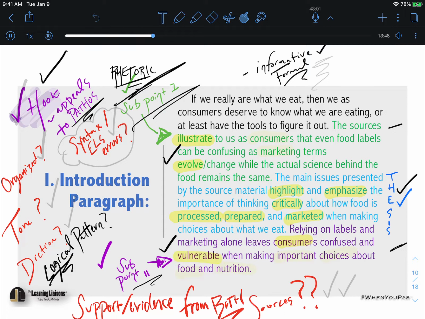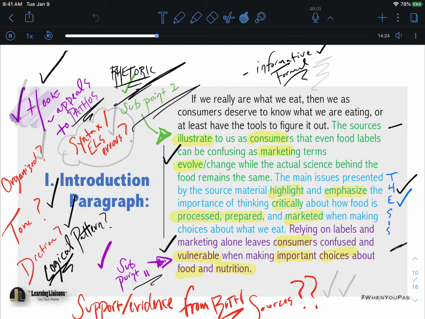That's a powerful word when we're trying to get our point across. Choices, important, nutrition, food. Okay, so we can see that a lot of words chosen for this are definitely tailored for this topic by the writer of the essay trying to be as effective as possible, which it is. Okay, so we know that we have diction down.